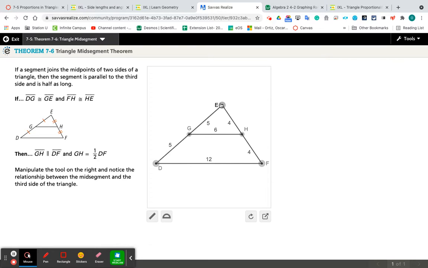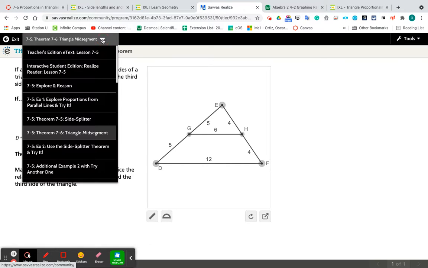So if the side ED is double the length of GE, of course, the side DF will have to be double the segment GH due to the fact those two triangles are similar, as we said before. It's called the triangle mid-segment theorem.